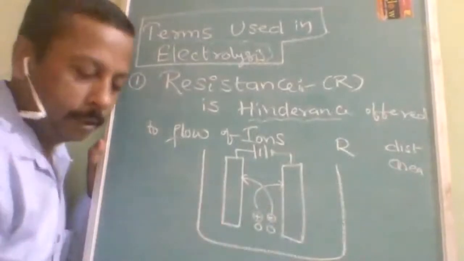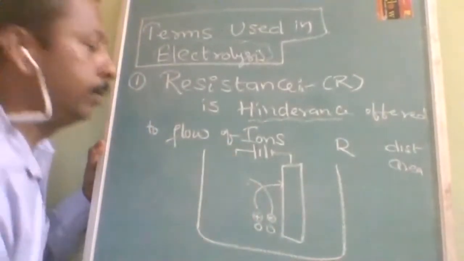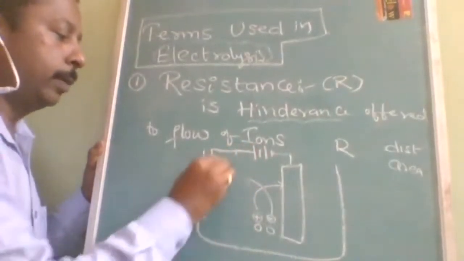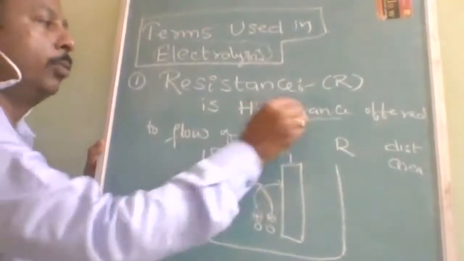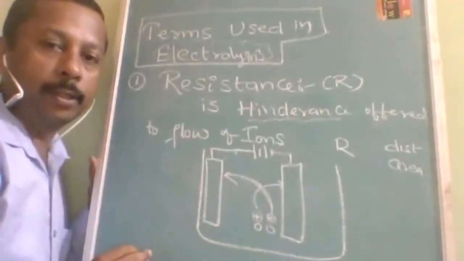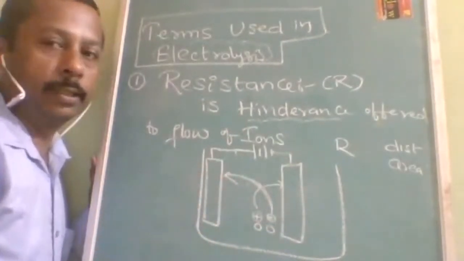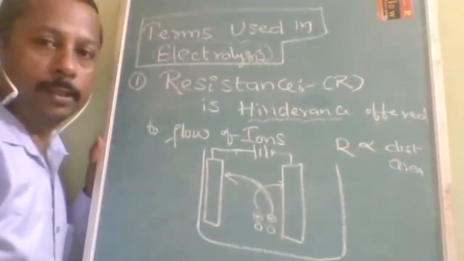Let us take this electrode. Instead of keeping it here, if I keep it somewhere away from it, then what happens? The ion has to travel more distance, so more will be the hindrance offered to it. Understood? That means when distance increases, resistance increases, so resistance is directly proportional to distance.